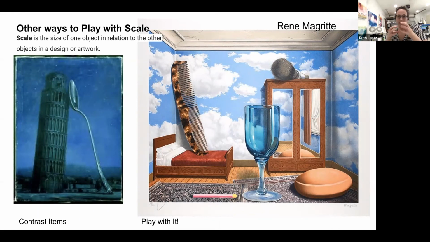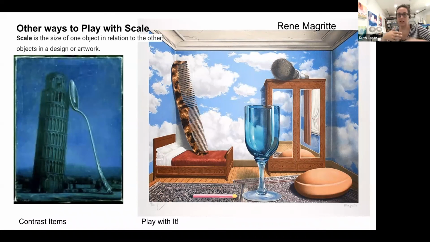They can only be in proportion to themselves for the most part. And then scale is in relation to other things. So when you're playing with scale, you're talking about how you are playing with items in relationship to each other. And you can do that for lots of different reasons.